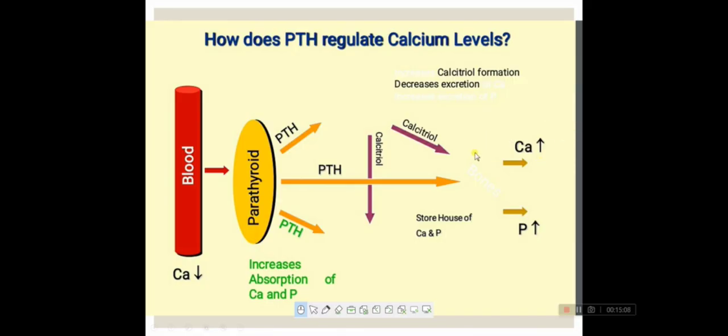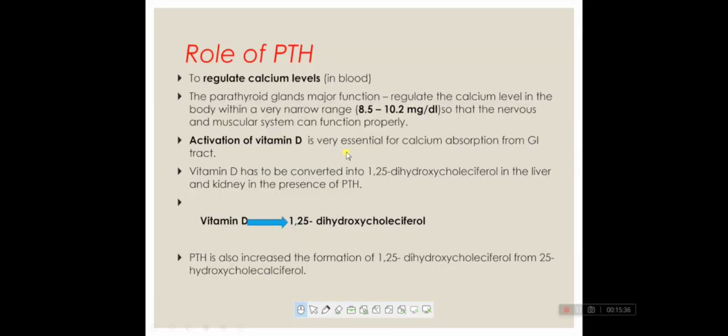So this causes calcium levels to rise. If calcium blood levels are too high, then the parathyroid glands will stop making the parathyroid hormone. So if parathyroid levels are too high or too low, it is indicative of serious diseases. So increased calcitriol formation decreases excretion of calcium and increases the excretion of parathyroid hormone.